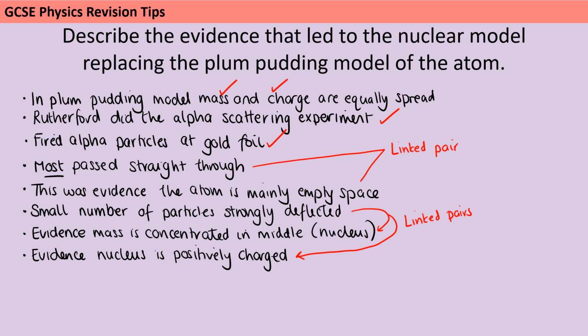So probably you've talked about the particles going straight through and said that's evidence for this empty space, and then the particles being bounced off, and you've either gone for the mass being concentrated in the nucleus or the nucleus being positively charged, but you don't need both of those last 2 if you've got the bit about empty space and things passing straight through. So you need 2 linked statements and either naming alpha scattering or describing it in order to get your 6 marks.